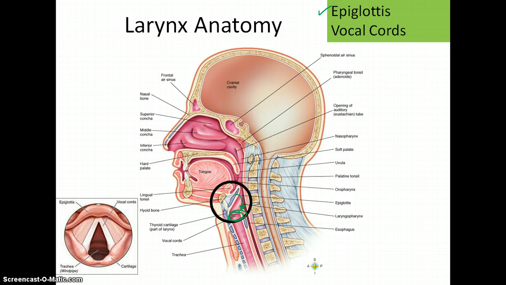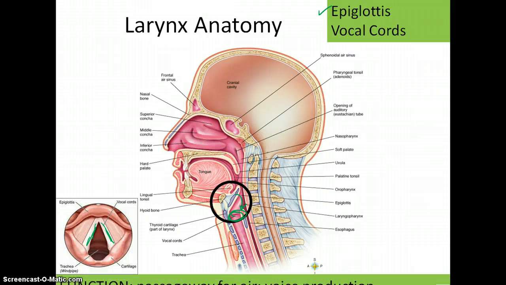Here's what they look like from a side view, but here's what they look like from the top view. We have two vocal cords, and the faster they vibrate as air passes over them, the higher the pitch. So that's the upper respiratory system. For the larynx, the only real function is as a passageway for air and producing our voices.